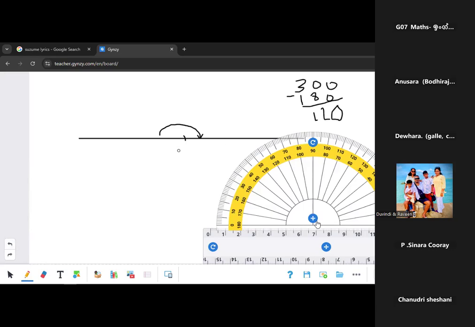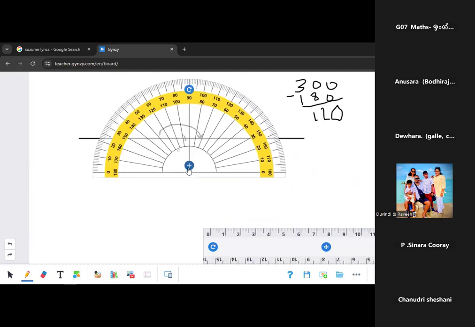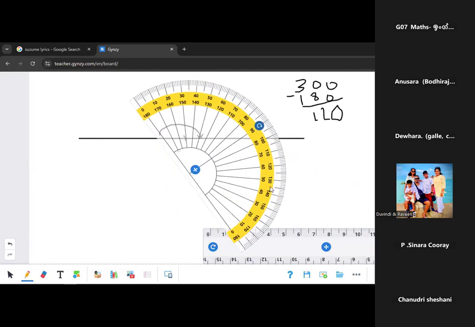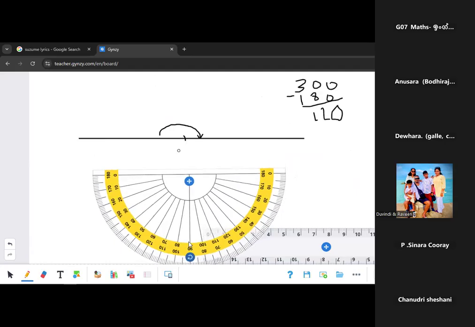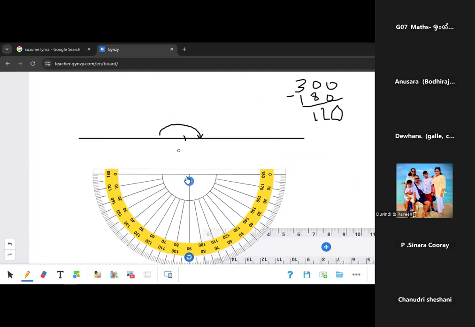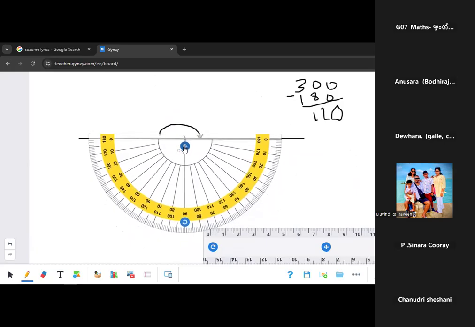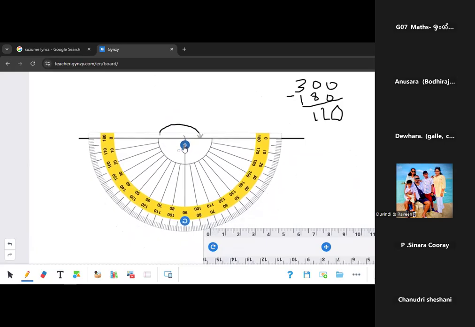Take your protractor, then rotate it and place this protractor right on top of O at the origin, so that the origin coincides with your point O. Now here is your zero, then 10, 20, 30, 40, 50, 60, 70, 80, 90, 100, 110, 120.